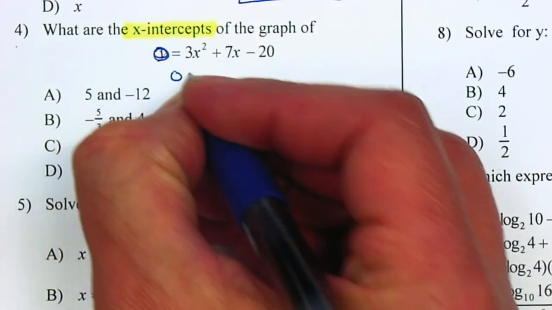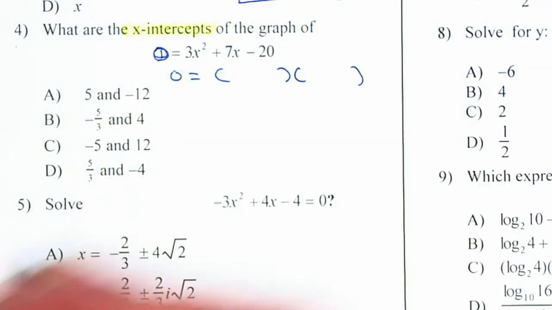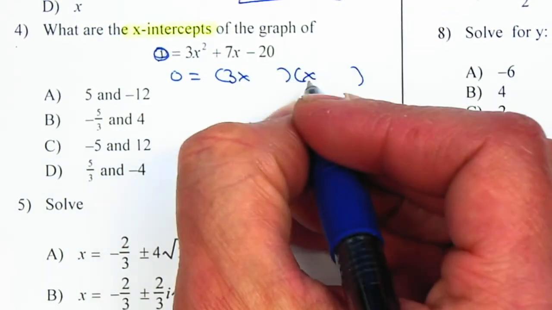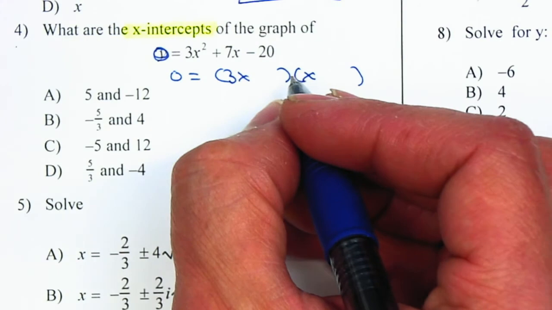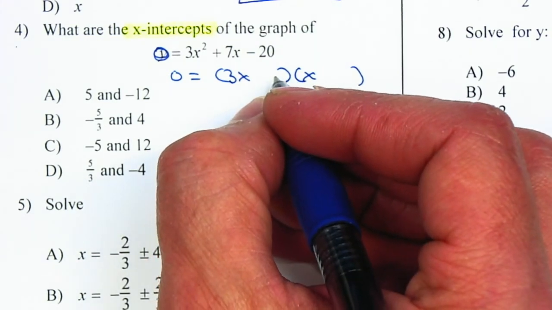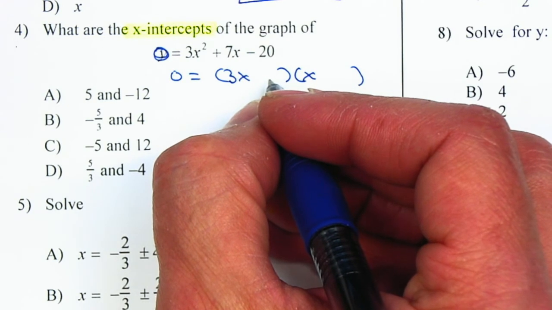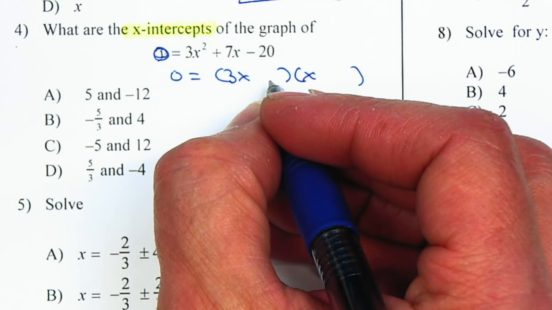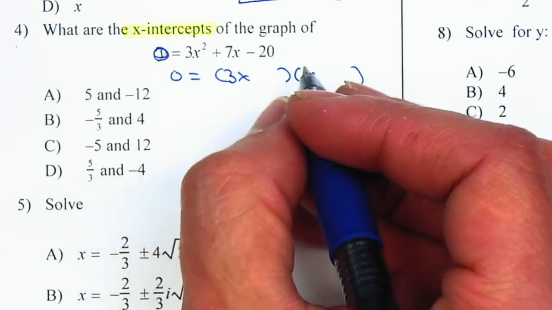So I'm going to go and factor it. Gives me 3x and x. Factors of 20 are 4 and 2, 10 and 2 as well. 4 and 5. Let's see, 4 and 5.